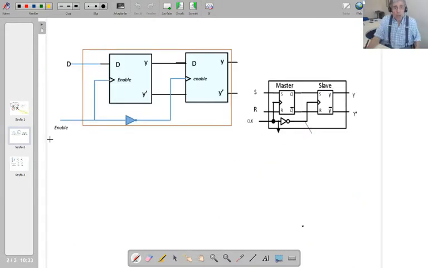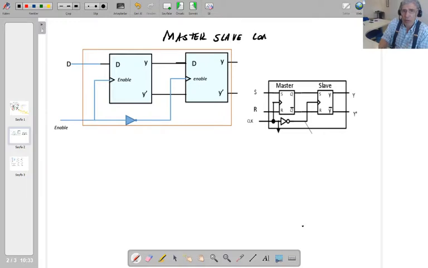You see, this is called the master-slave configuration, the solution to that problem. This configuration doubles the D-type memory elements.